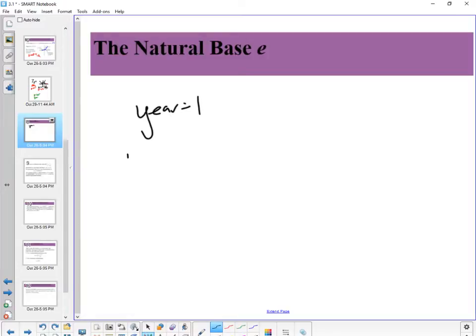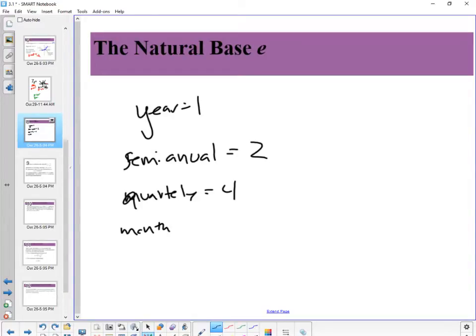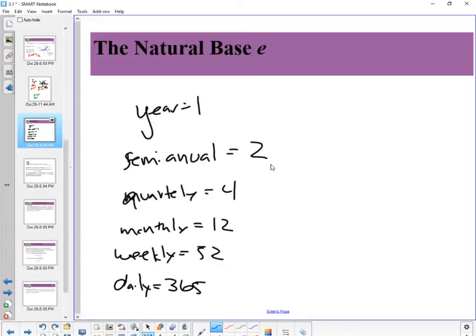Then we have semi-annually, that'd be 2, right? And then quarterly, 4. Monthly, 12. Then we could do weekly, which is 52. We could then do daily, which is 365.